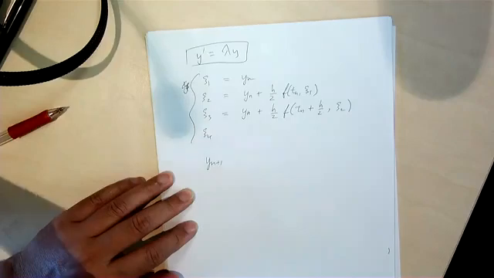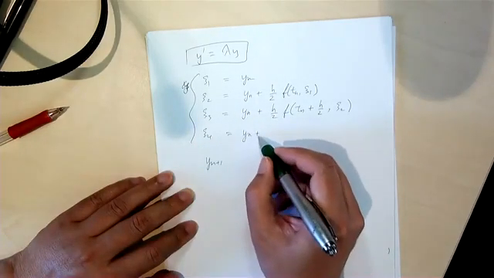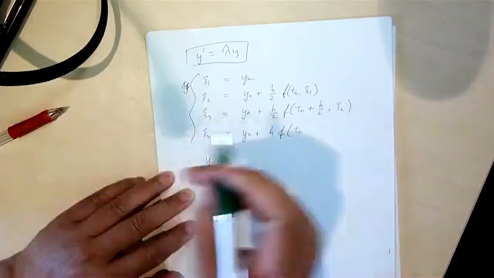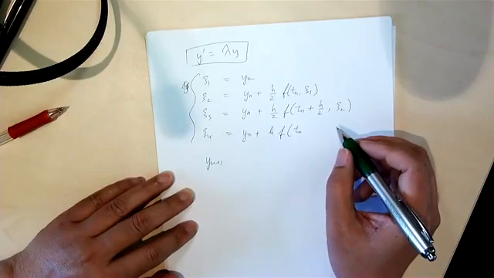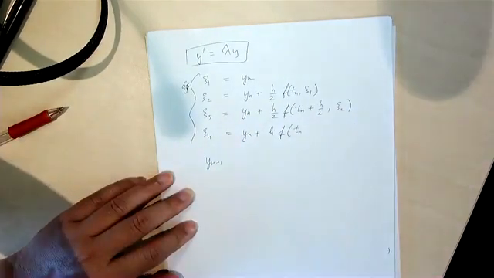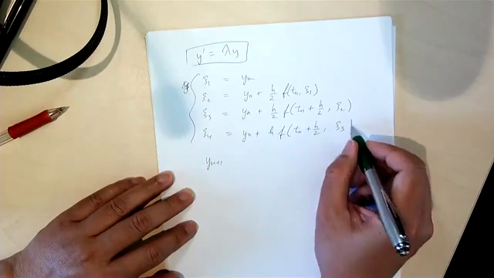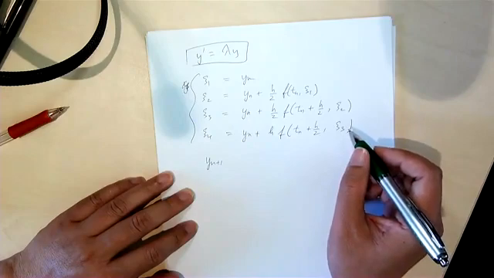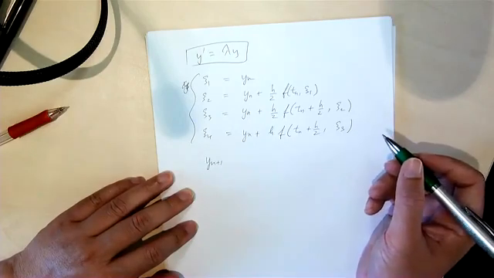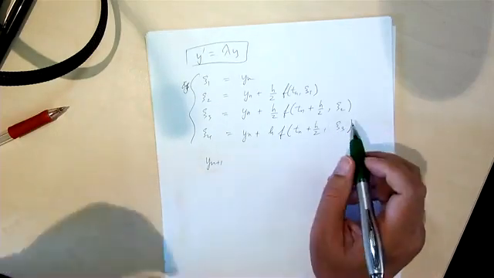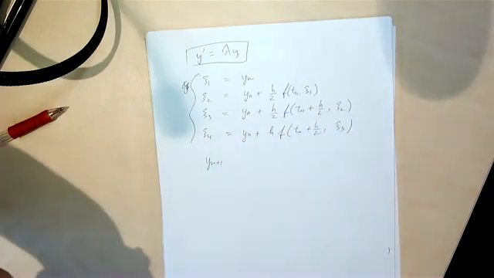The third one will be y_n + h f(t_n, ...), so this one is xi1, xi2, xi3. Xi3 will be h/2 times xi3.